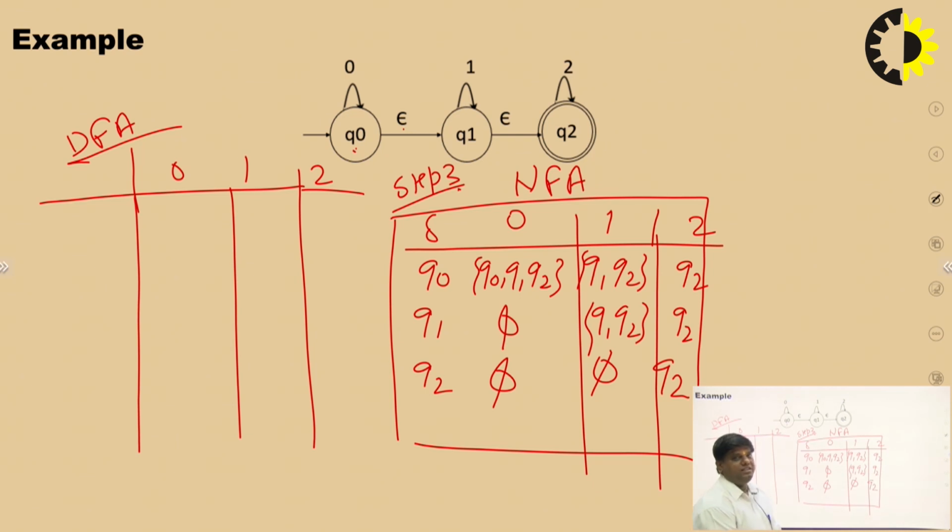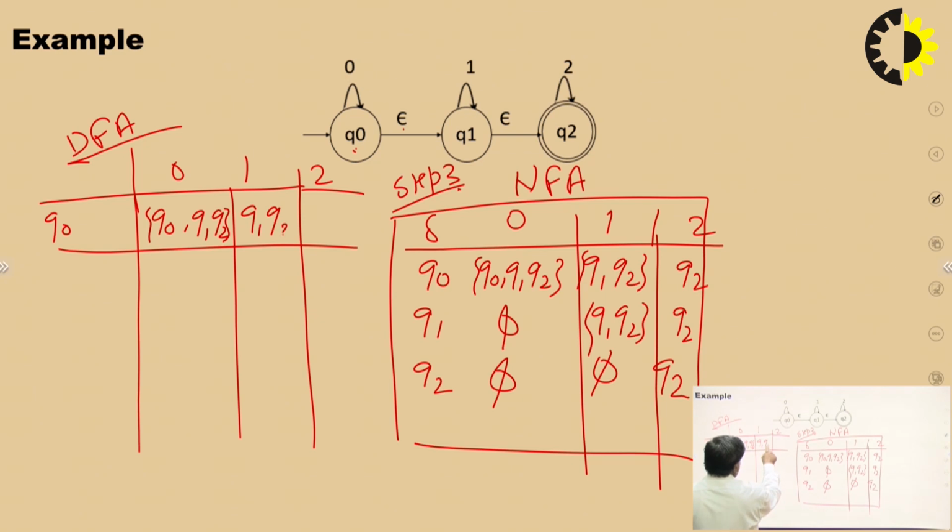What is the procedure to change the NFA to DFA? Start from the initial state. What is the initial state? That is Q0, with Q0, Q1, Q2, then Q1, Q2, and here is Q2. What new states occur? The new states are considered as the next states.